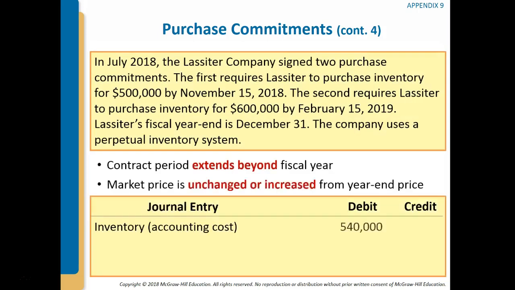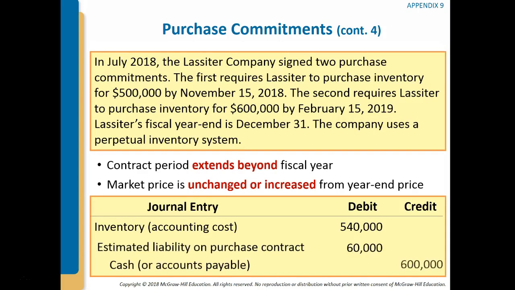So the entry to record the actual purchase on or before February 15th, 2019 will vary depending on the market price of the inventory at date of purchase. If the market price is unchanged or has increased from the year-end price, the entry shown here will be made.